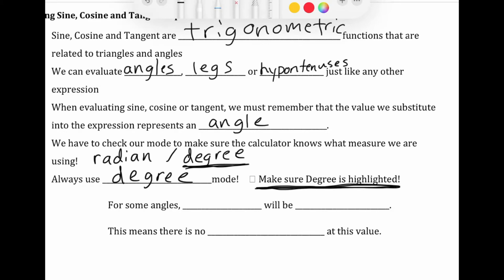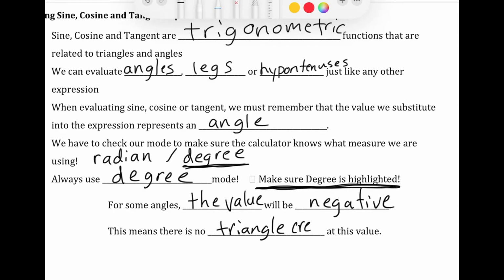For some angles, the value will be negative. This means that there is no triangle created at this value.